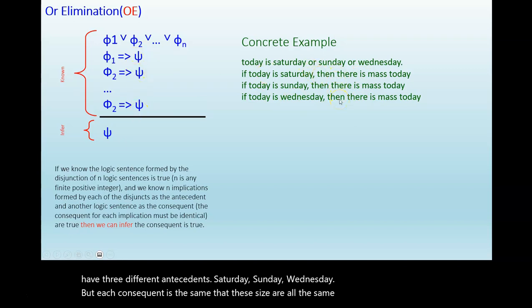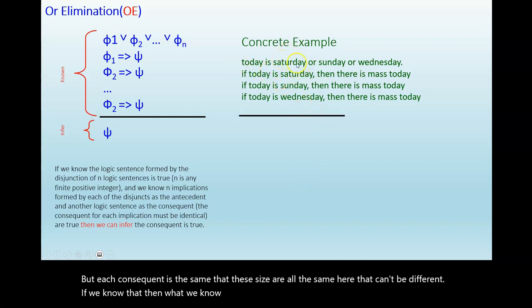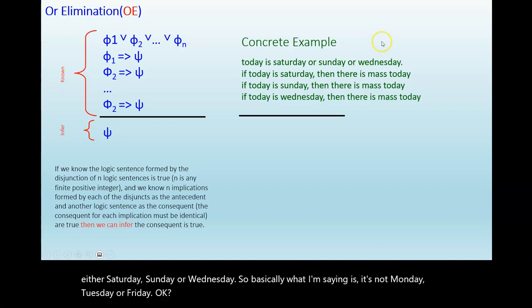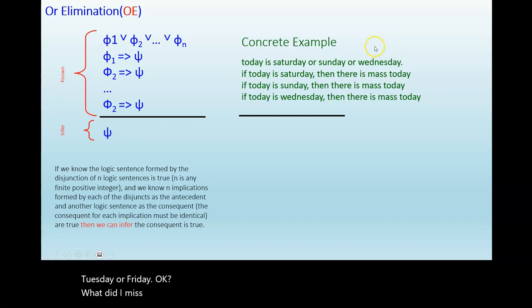They can't be different. If we know that, then what we know is at least one of those is true. It's either Saturday, Sunday, or Wednesday. So basically what I'm saying is it's not Monday, Tuesday, Thursday, or Friday.